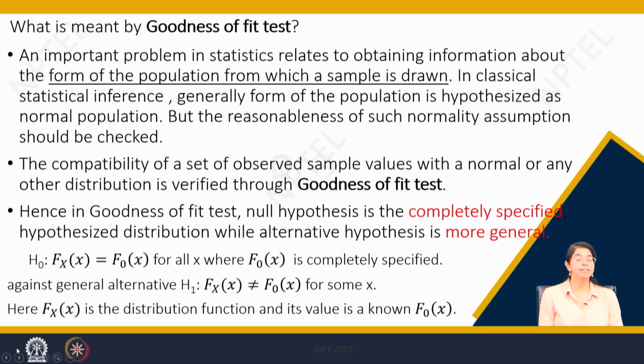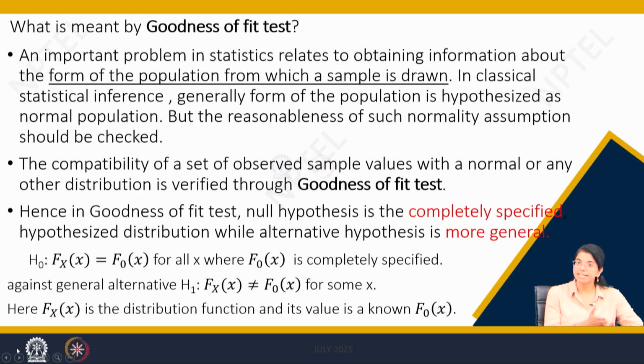Now, when we are making such an assumption, we are not sure. This is a kind of hypothesis we are proposing that, well, the observations which we have collected, these are coming from a normal population. So goodness of fit test is like that.